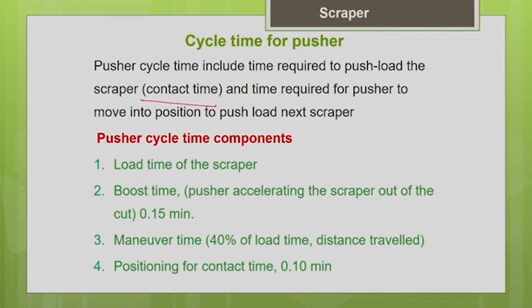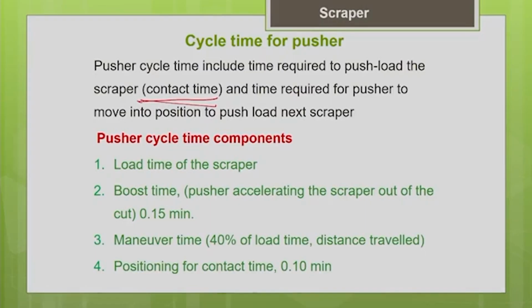Now let us see what makes up the cycle time, what are all the components of the cycle time of the pusher. Okay, so as I mentioned earlier, the pusher is assisting the scraper during the loading phase. Okay, so that is its contact time with the scraper. After that, your pusher will get detached from the scraper and it has to travel and spot another scraper and get ready for pushing the next scraper.